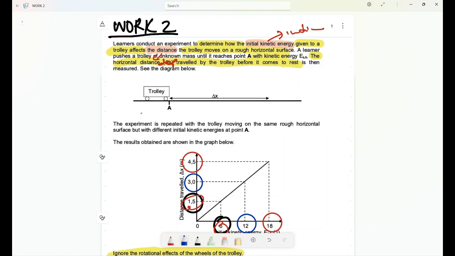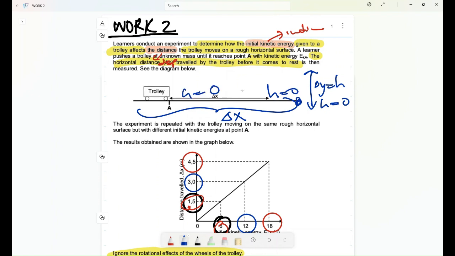So I know on a horizontal surface, I only have the distance, the change in x. Do I know the change in y, which is my height? Yes, I do, but that height is 0. It is at the ground here.